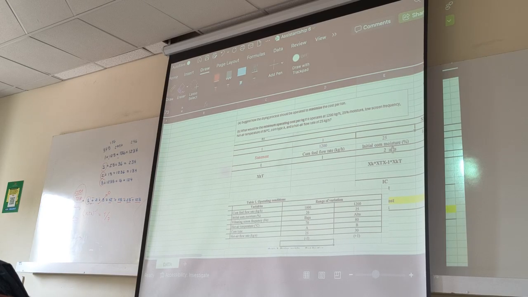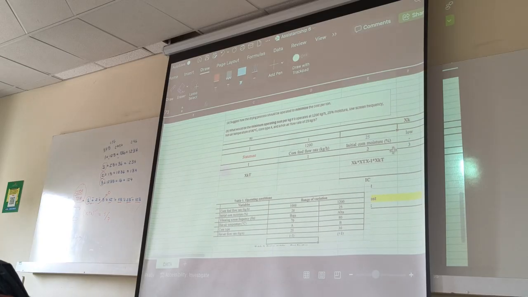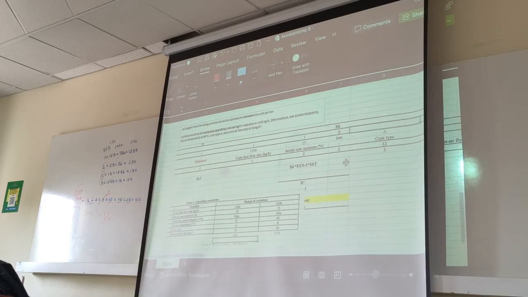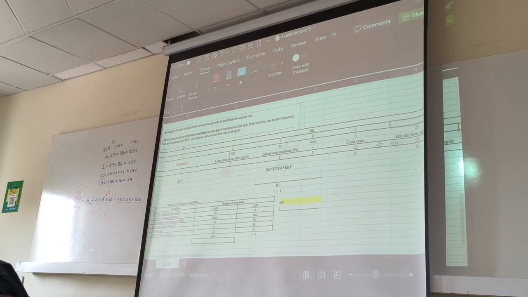Then the initial corn moisture in 25 will be the positive one. Here the third variable in our case is not significant, so we are just putting a 0. The corn type is in A, which is negative. The hot air flow rate is in the negative.